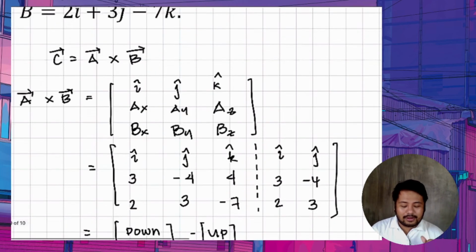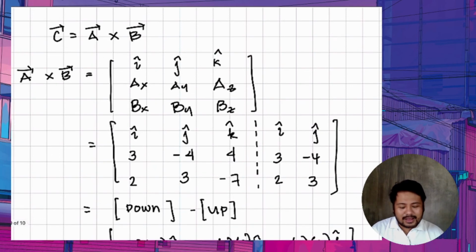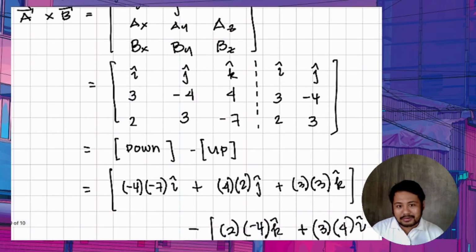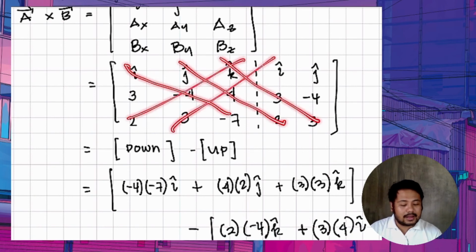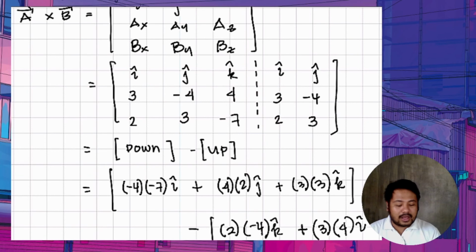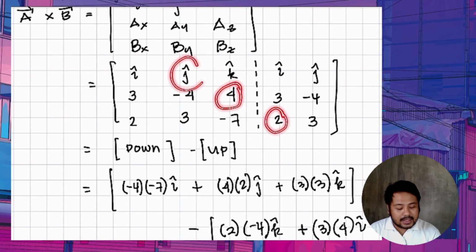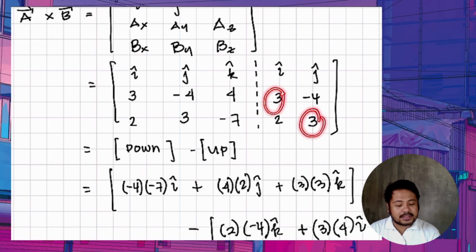That's easier. Using this one, write i hat, j hat, k hat, and then copy the first two columns and paste them to the end. Then you do down minus up. So we have negative 4 times negative 7 i hat, plus, since we're still going down, 4 times 2 times j hat, plus 3 times 3 times k hat.